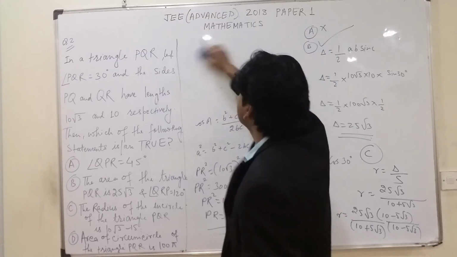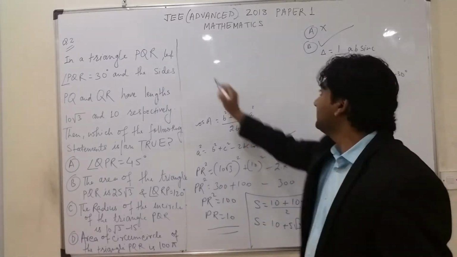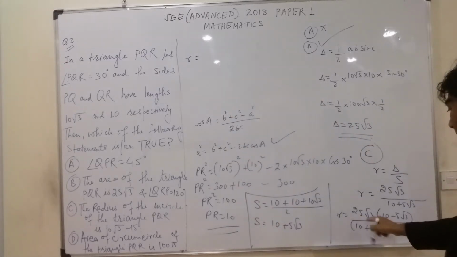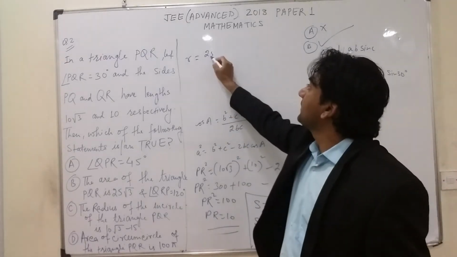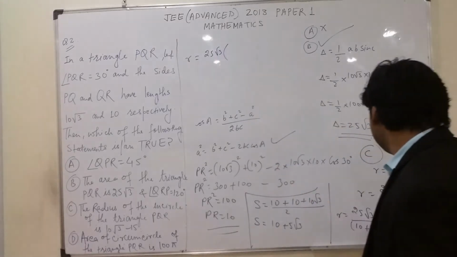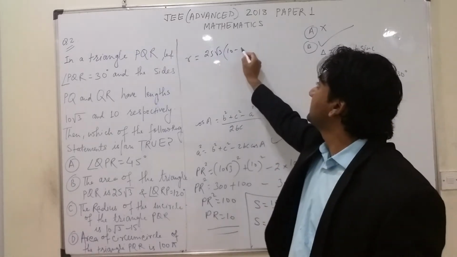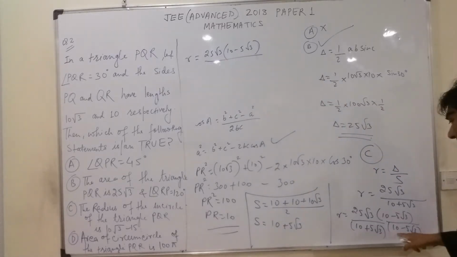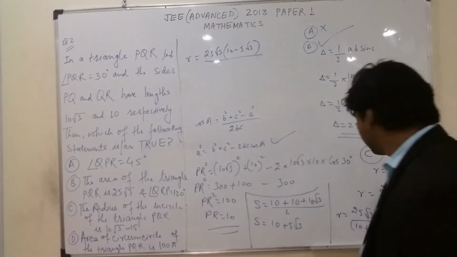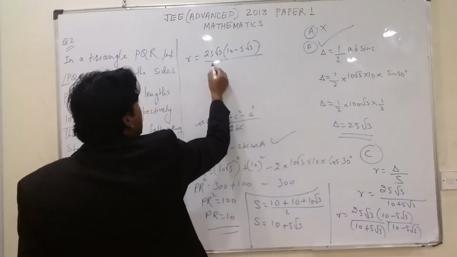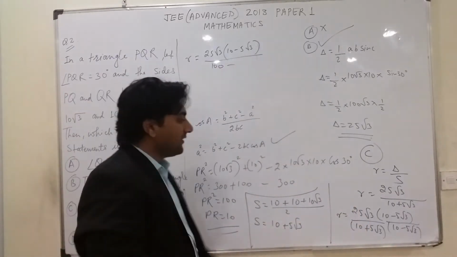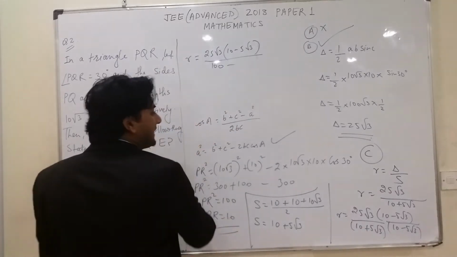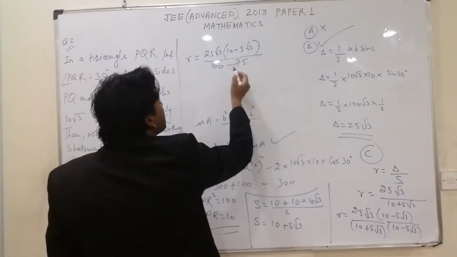So here, small r equals 25 root 3 times 10 minus 5 root 3 over, this is a plus b times a minus b, that is a square minus b square, right? So 10 square is 100 minus 5 root 3 square. So 5 root 3 square means 25 times 3, that is 75.